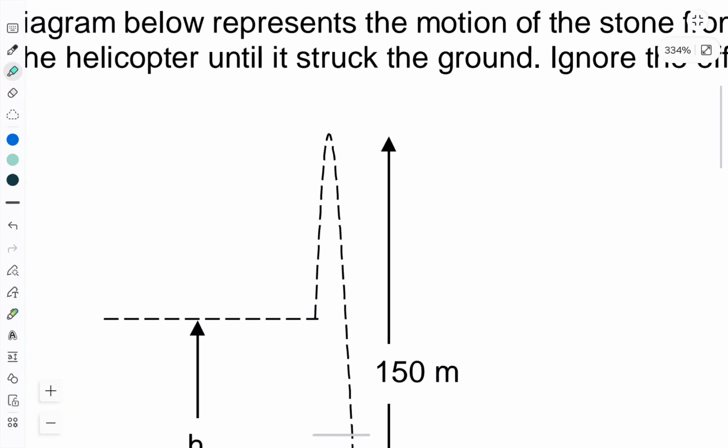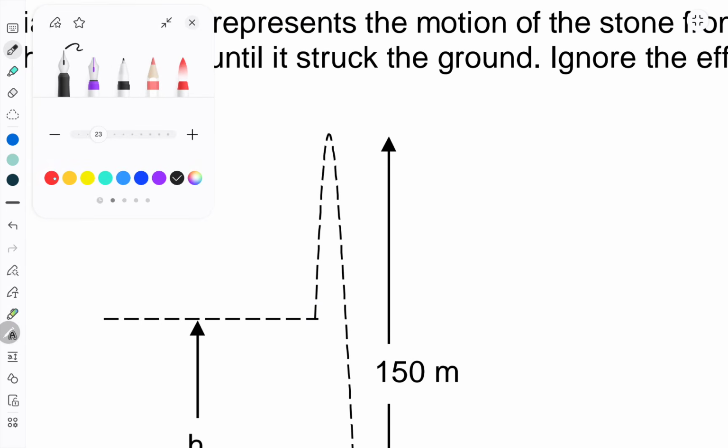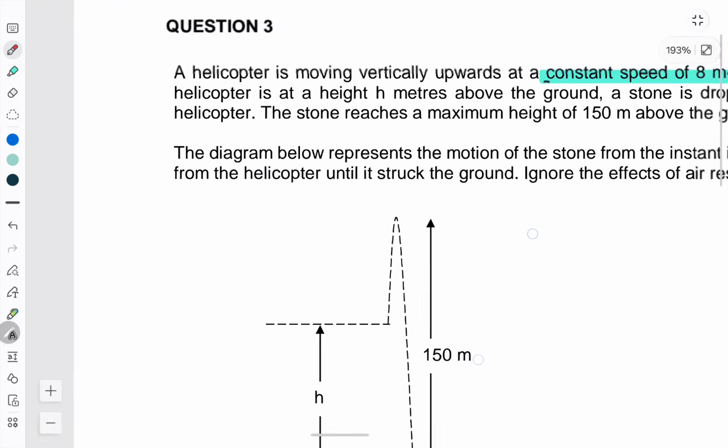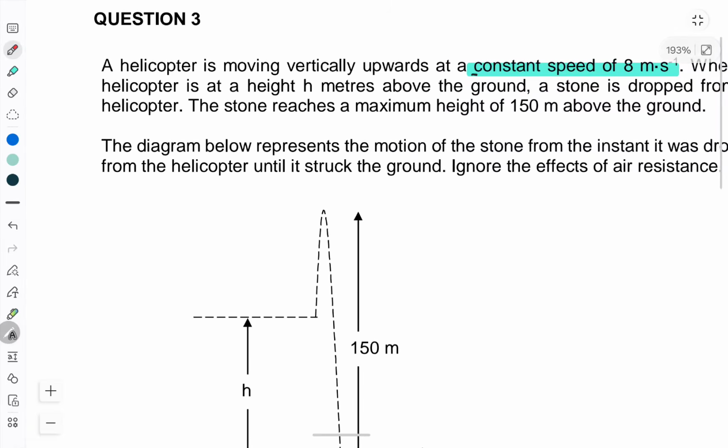Okay, before we even answer the question, this is what I always prefer. Annotate the diagram based on the information that you know. We are told that the helicopter is initially moving upwards at a constant speed of 8 meters per second.